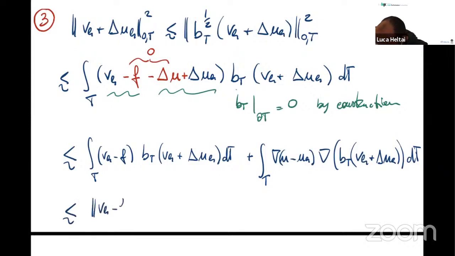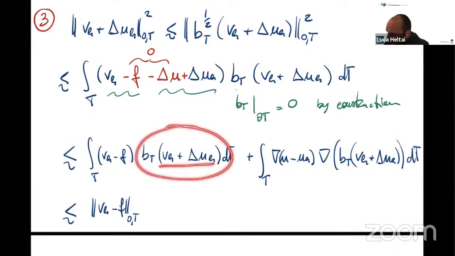vh minus f, 0t. I exploit again the inequality that I had above. So this would be the L2 norm of bt vh plus Laplacian of uh. And I know that from the left, this is equivalent to the norm of vh plus Laplacian of uh alone.